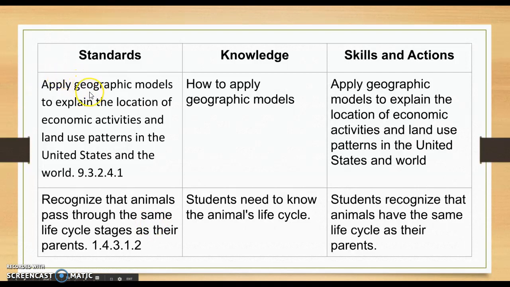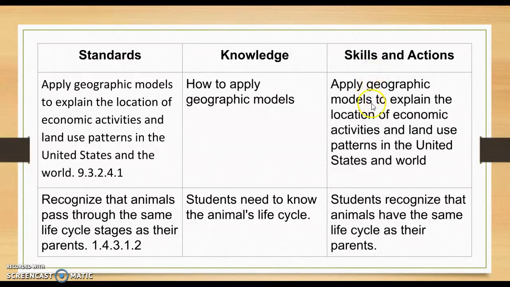This first one here is from social studies again. Apply the geographic models to explain the location, economic activities, and land use patterns in the United States and the world. What is the knowledge that the students have to have? How to apply geographic models. What are the skills and actions that the students need to be able to do?